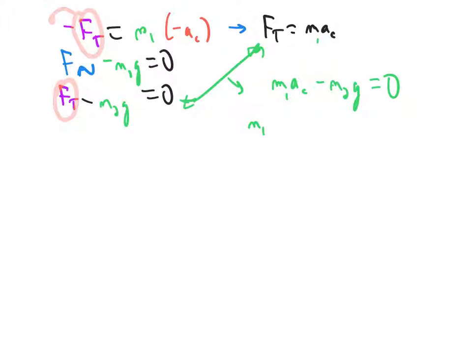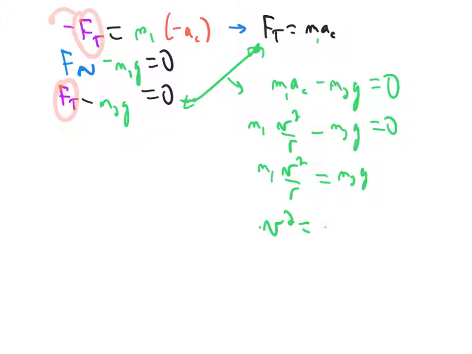Or m1 v squared over r minus m2g equals 0. Or m1 v squared over r equals m2g. And we can solve that as saying v squared equals m2gr over m1, or the speed v has to be the square root of m2gr all over m1.